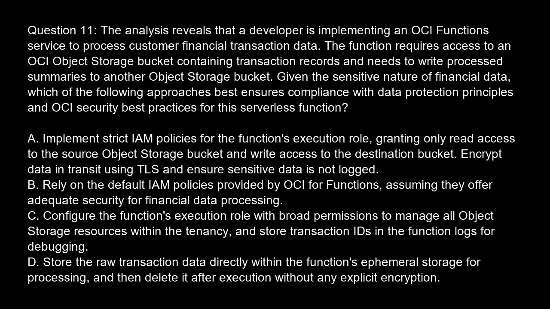Option C. Configure the function's execution role with broad permission to manage all object storage resources within the tenancy and store transaction ID in the function logs for debugging. Option D. Store the raw transaction data directly within the function's ephemeral storage for processing, and then delete it after execution without any explicit encryption.